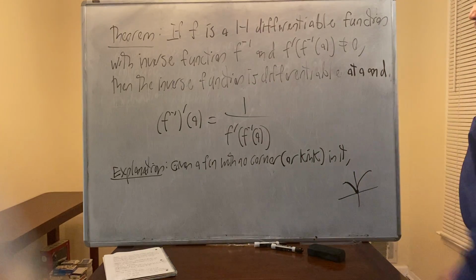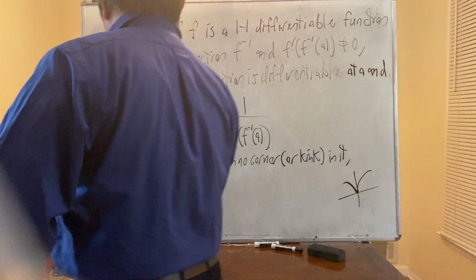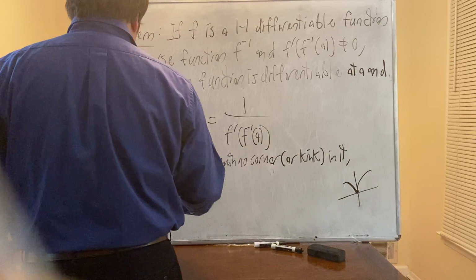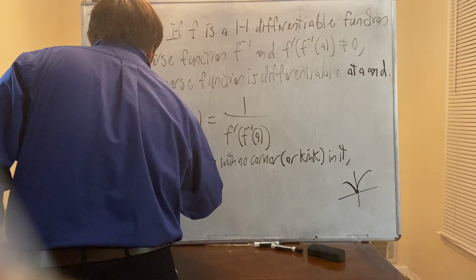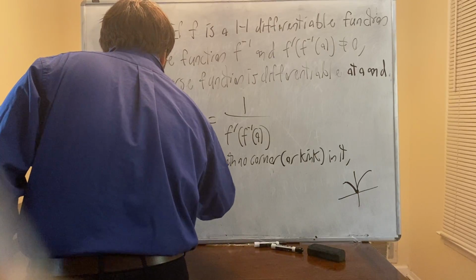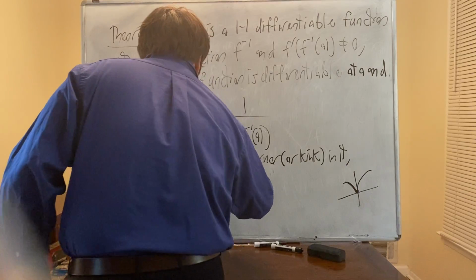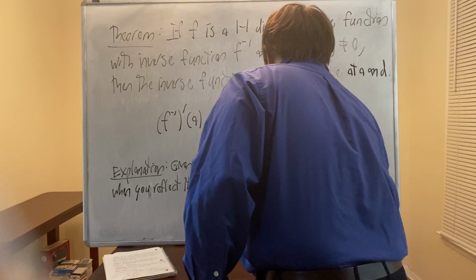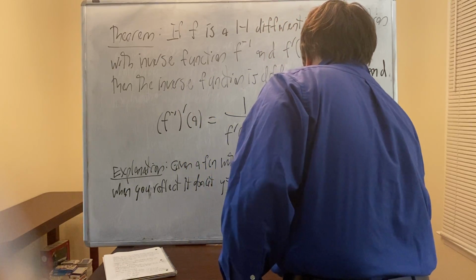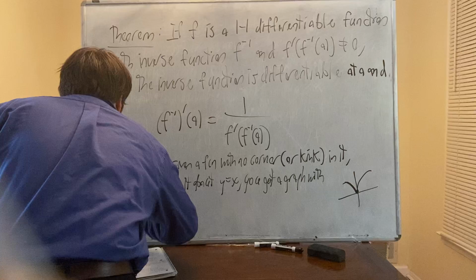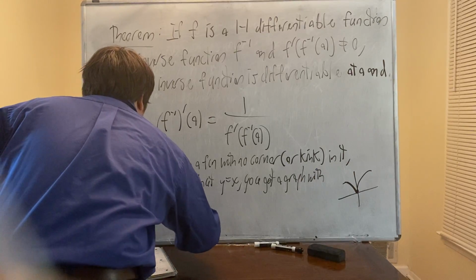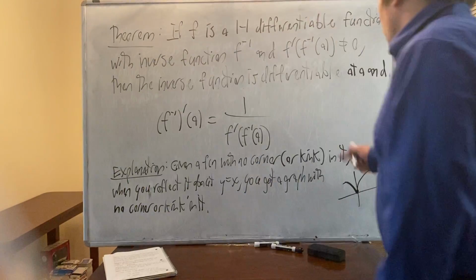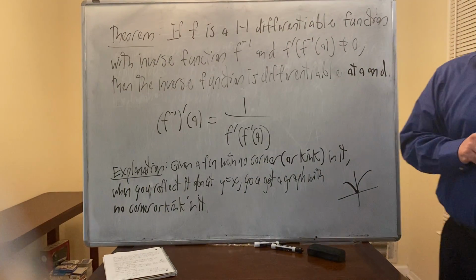But given a function with no corner or kink in it, when you reflect it about the line y equals x, you still don't have a corner or kink in it. Okay? So a graph not having a corner in it means that it's differentiable, right?